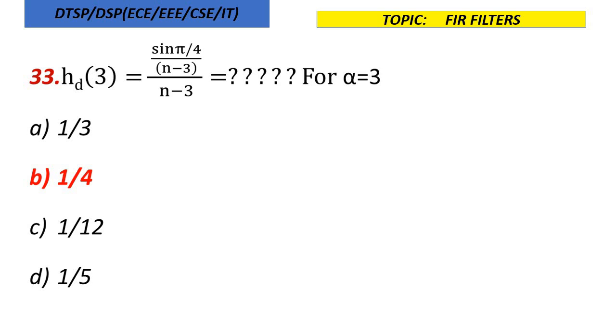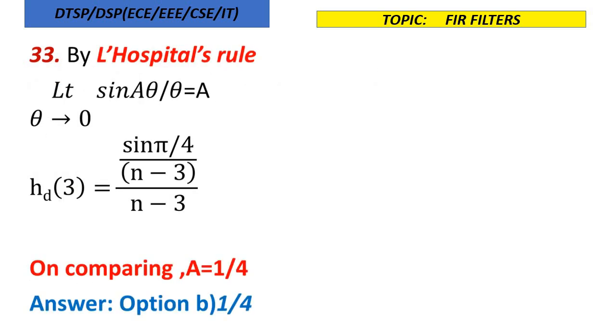We know L'Hospital's rule: limit theta tends to 0 of sin a theta by theta equals a. So here n and alpha are both the same.